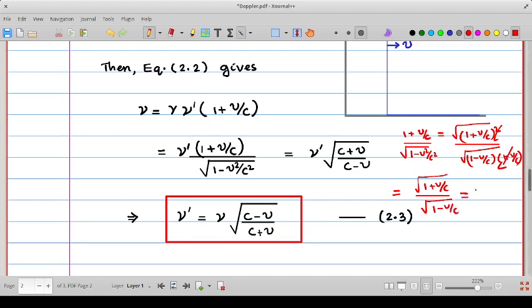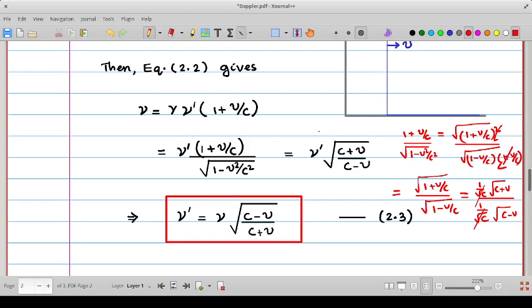So this is equal to 1 by square root of c times c plus v divided by, again in the denominator, 1 by square root of c times c minus v. And cancelling this term, we will get this equal to square root of c plus v by c minus v. So that is this equation.